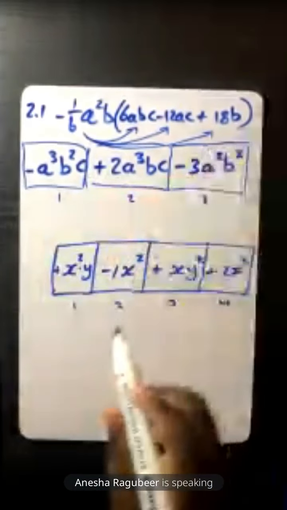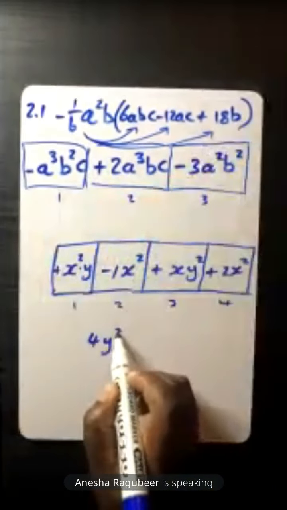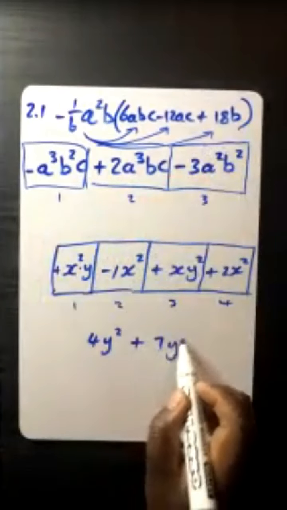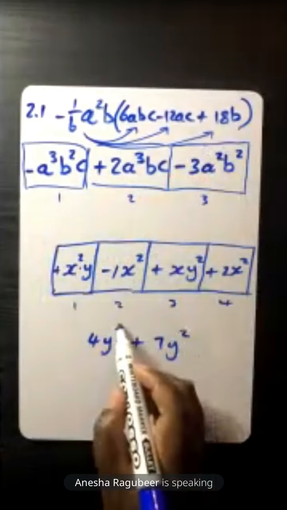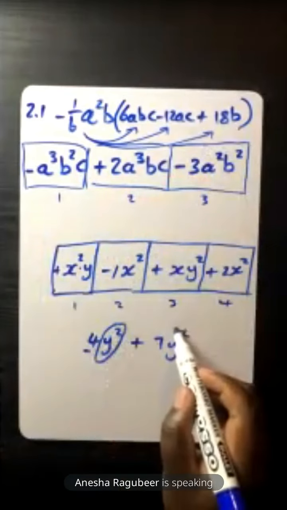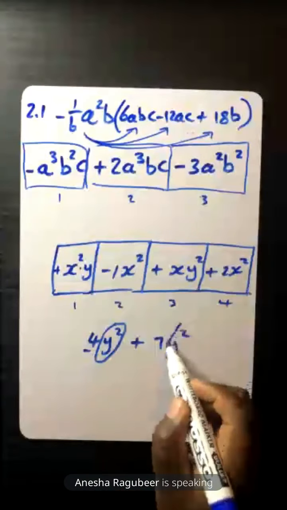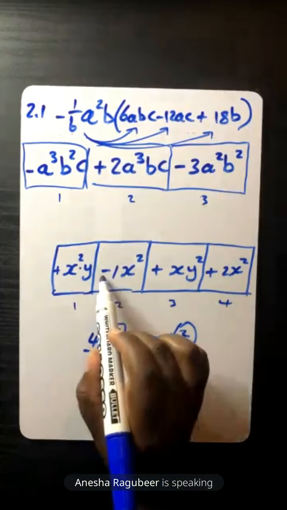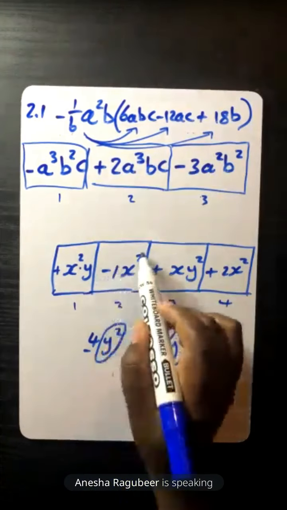For example, if you've got 4y squared, you can work it out with 7y squared because you've got 4 bananas there, you've got 7 bananas there. Can you see? Yes, sir. So let's say there we've got minus 1 apples.